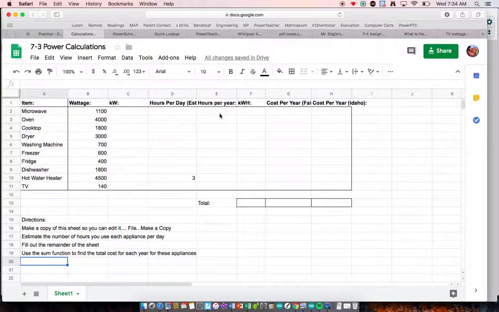And then what you're going to do is find your kilowatt hours. Kilowatt hours is going to be your number of kilowatts times the number of hours you're going to use that in a year. So you'll do this column times that column to get this value. And then cost in Fairbanks is using that 0.22287. Cost in Idaho is 0.0625. Total those up. Show this to me when you get back.